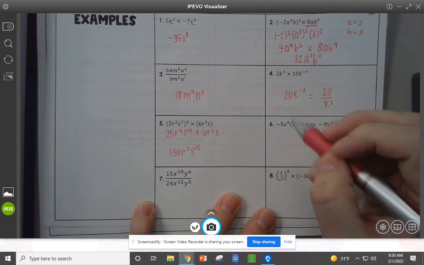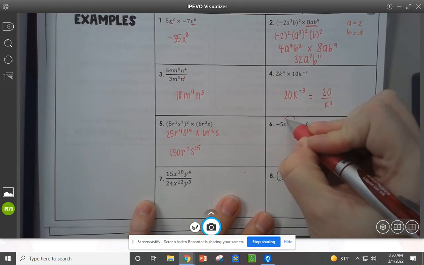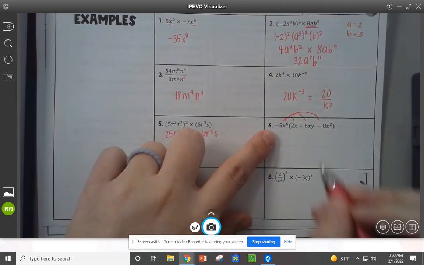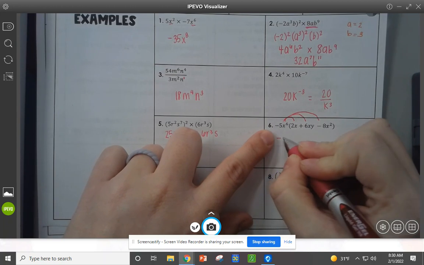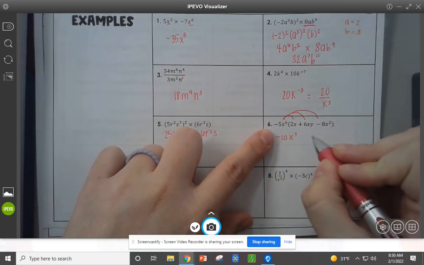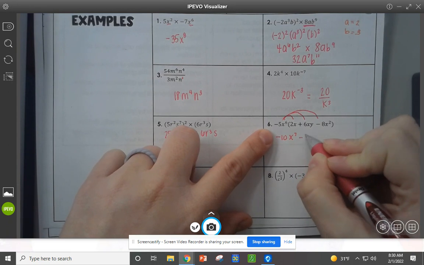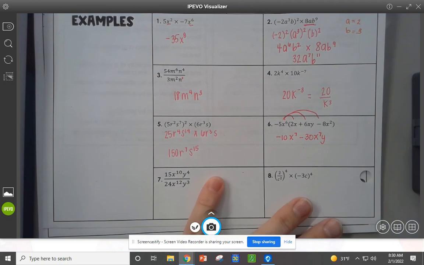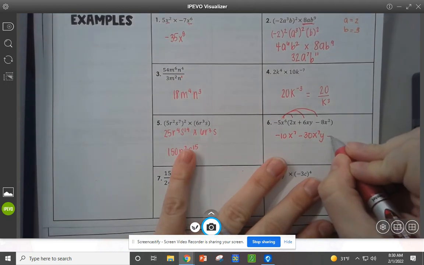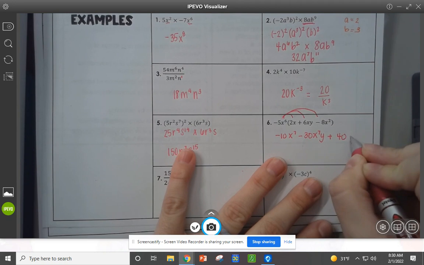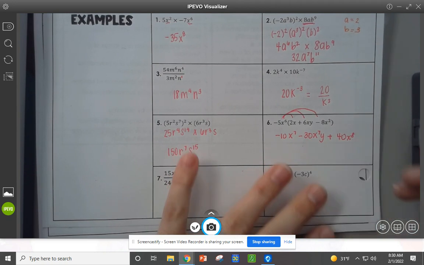Number 6, this one we are just distributing, so we're just multiplying 3 times. So this would be negative 10x to the 7th minus 30 x to the 7th y plus 40x to the 8th.